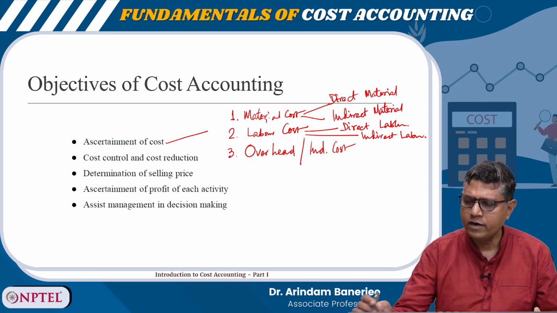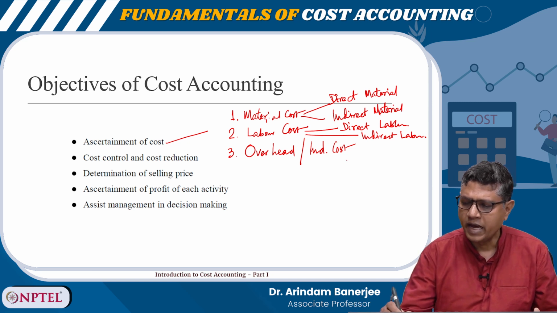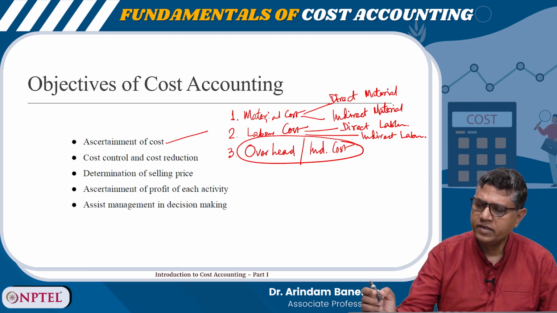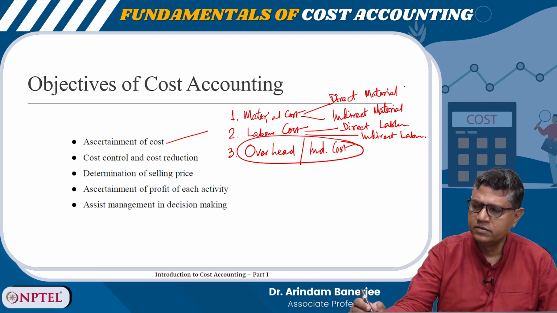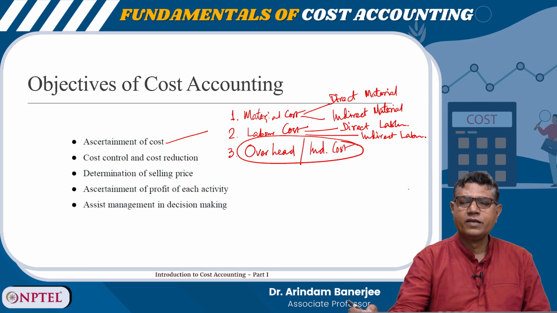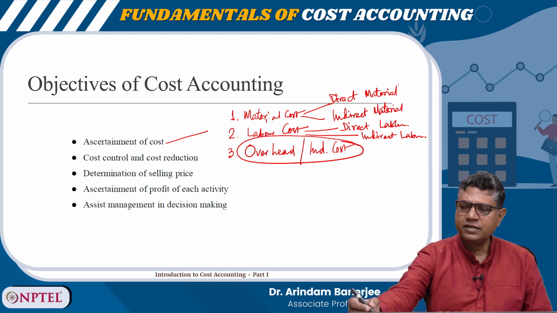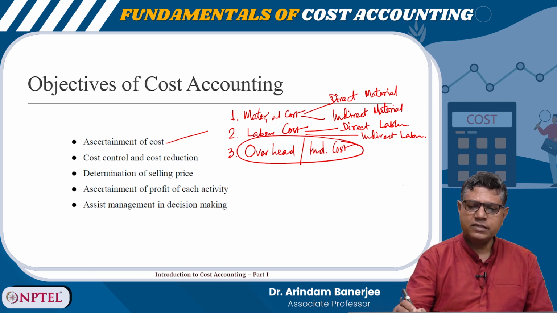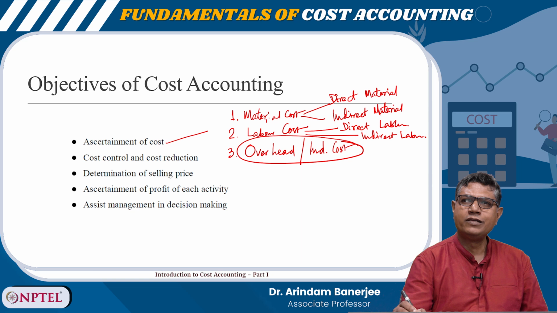And all the indirect costs I can simply add up here in the overheads. Fine. So I can classify the cost elements under these categories.